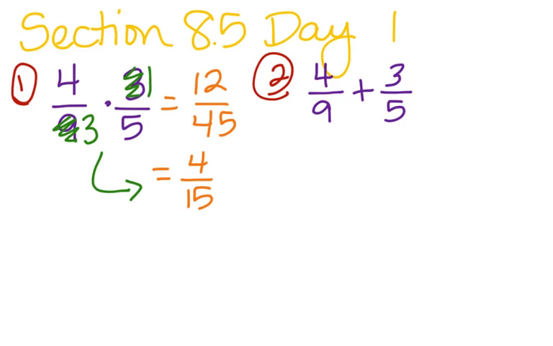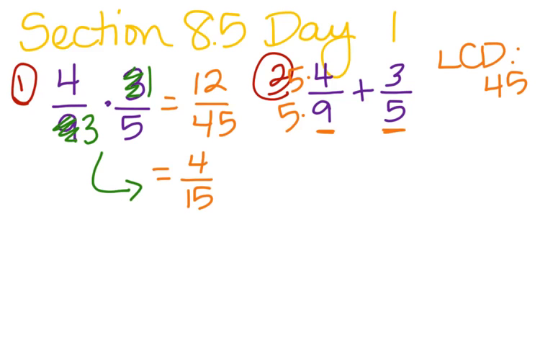Now, in number 2, when we're adding these fractions together, we can't just add across. This is where we need to come up with an LCD, or a least common denominator, and that would be the smallest number that both 9 and 5 go into. So if you think through multiples of 9 there, you would eventually come up with 45. And you would say, okay, I need to multiply the 9 by what it's missing, which would be a 5.